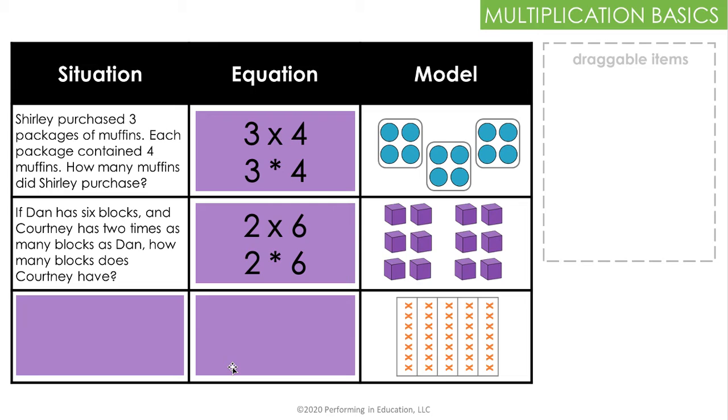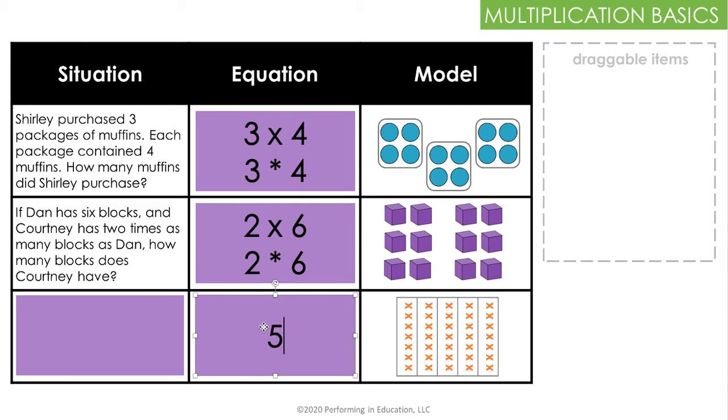One more. Now look at this. They gave us a model, and we have to write the equation and the problem. So let's see what the model is. We have 1, 2, 3, 4, 5 groups, and each group has 1, 2, 3, 4, 5, 6, 7 in it. So 5 groups of 7.